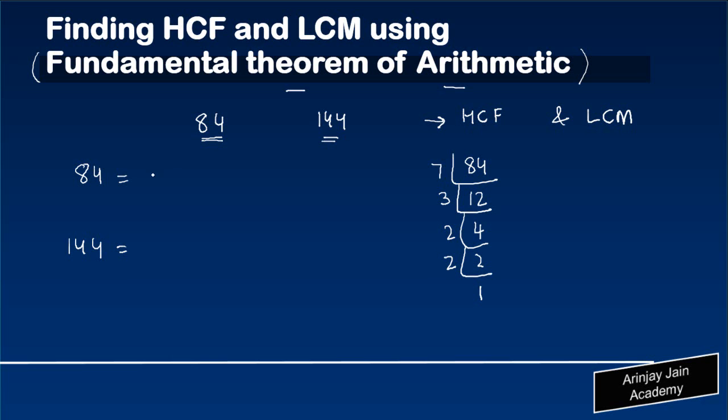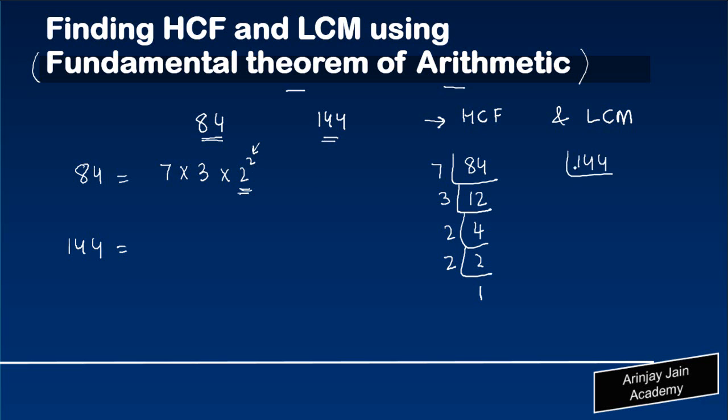I've written 84 as 7 times 3 times 2 squared. I could have written this as 2 into 2 also, but the way we write this for finding the HCF and LCM is that whatever the prime number is, we write down its power.